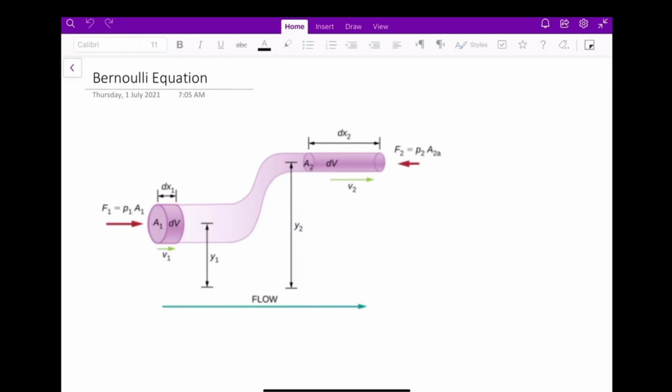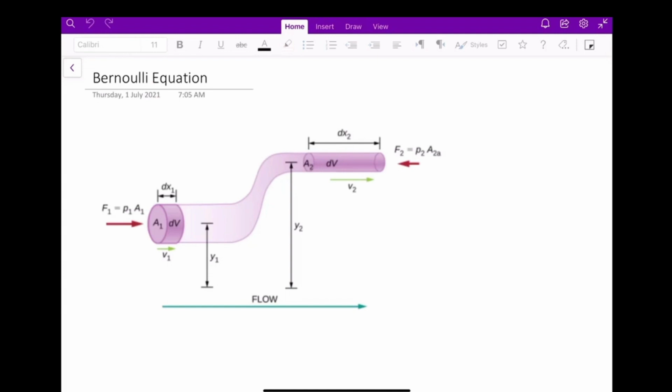The pipe becomes smaller at another point, that's why we have A2 here. This is basically the system that we are going to use to derive the Bernoulli equation.